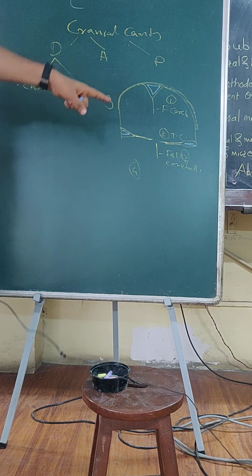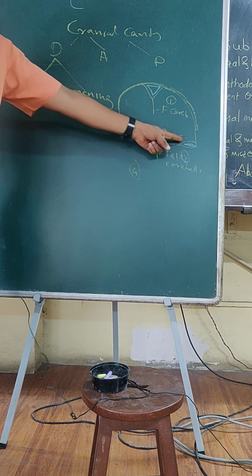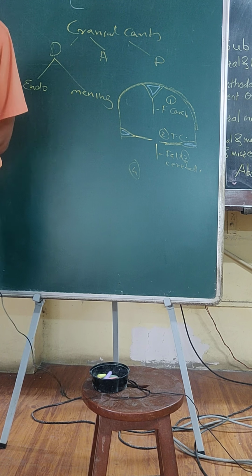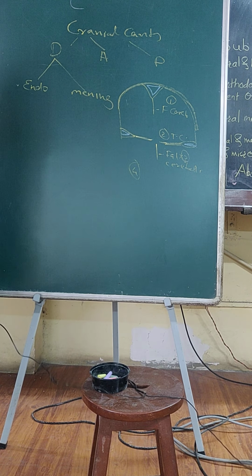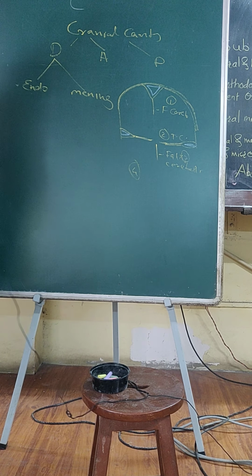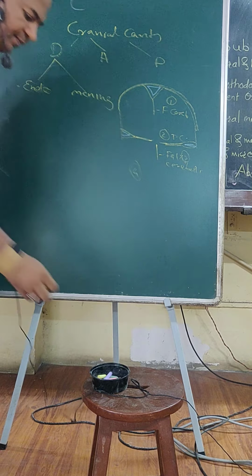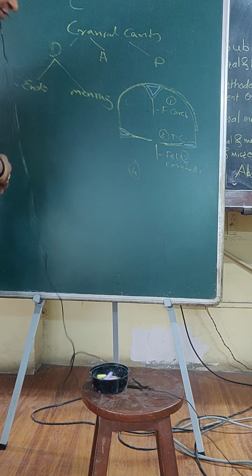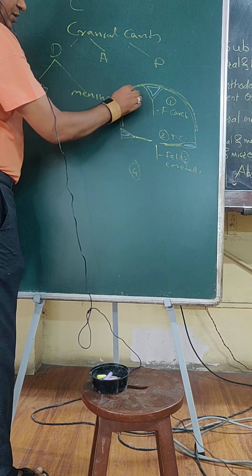So understood? Now these are the various dural venous sinuses which drain the brain. What layer is there inside the dura mater? Arachnoid. Okay.